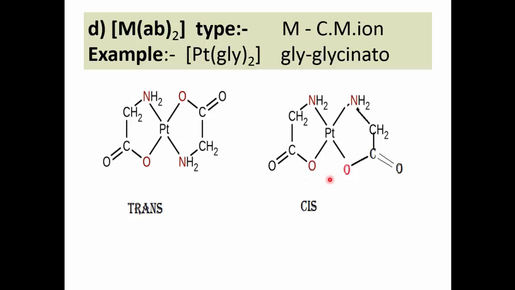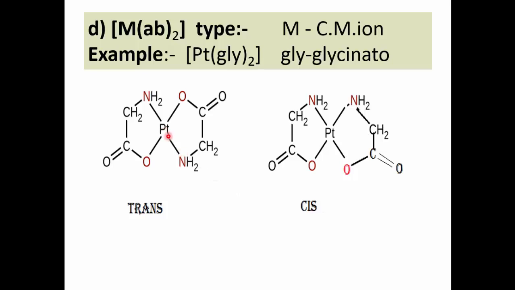How to identify this? See, in this structure, on the one side of platinum metal atom there are 2 same ligands, that means NH2 and NH2, which consist nitrogen as donor atom. Similarly, on this side of platinum 2 oxygen atoms are present. Same atoms are present on the same side of the metal atom, therefore this is called cis isomer.